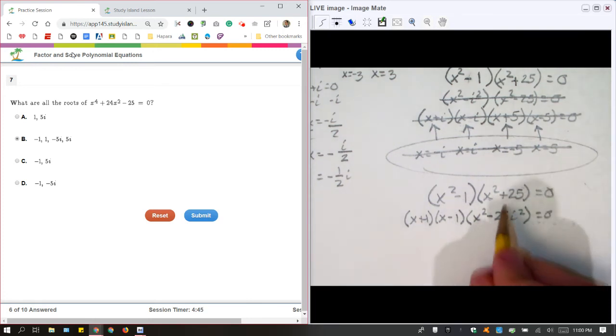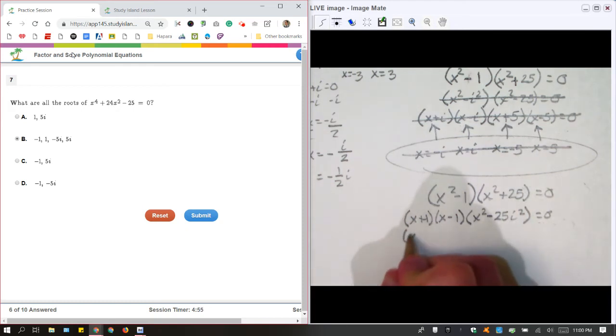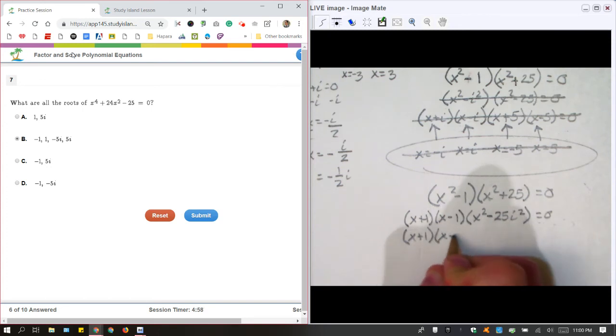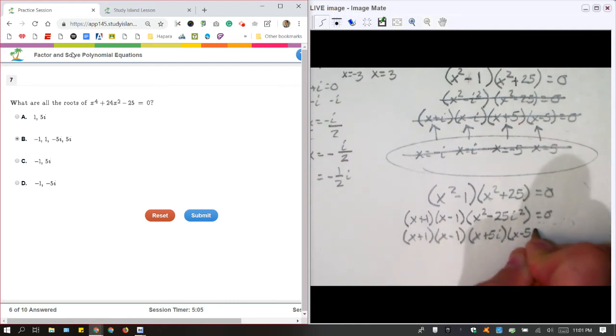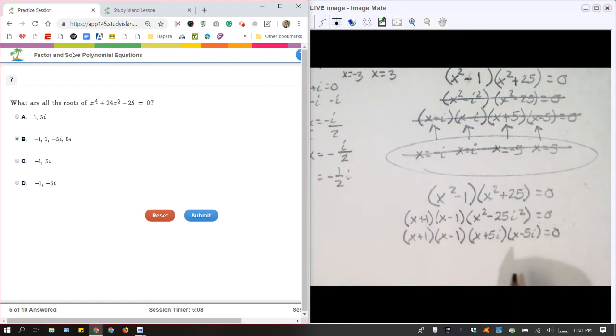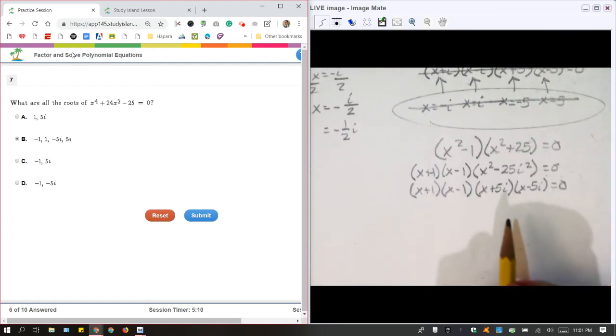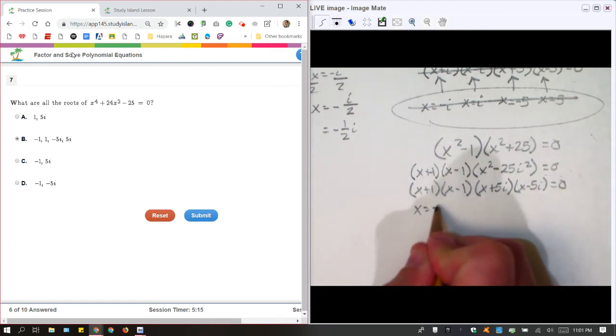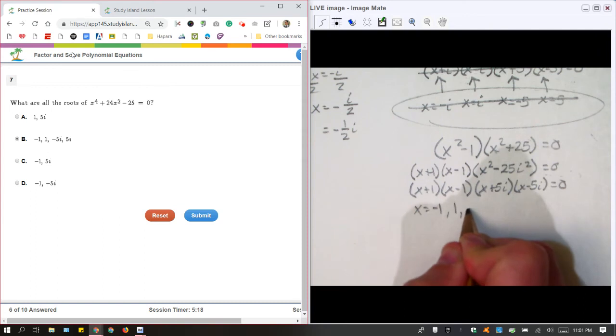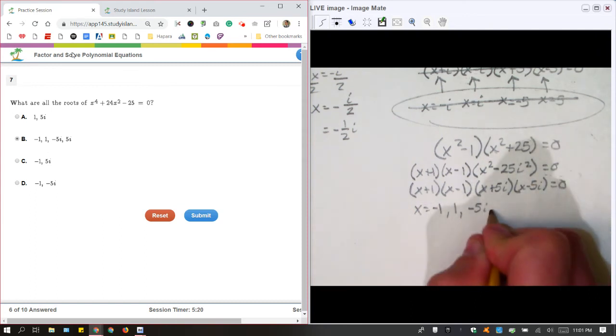So again, minus 25 times i squared, because i squared is equal to -1. 25 times -1 is -25, minus -25 is plus 25. So now I have x plus 1 times x minus 1 times x plus 5i times x minus 5i equals 0. And like before, our answers are all the things that make each of these binomials 0. So we've got x could be -1, +1, -5i, and +5i.